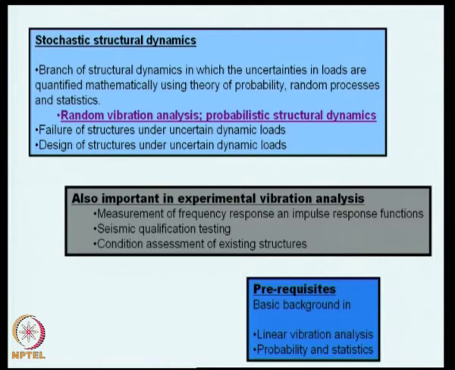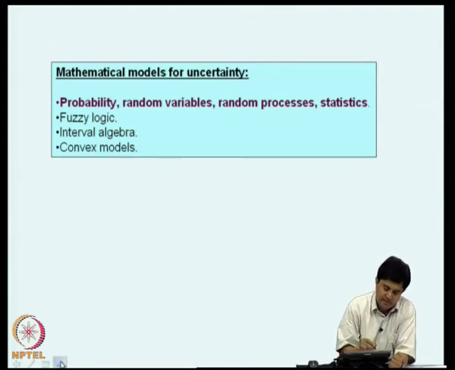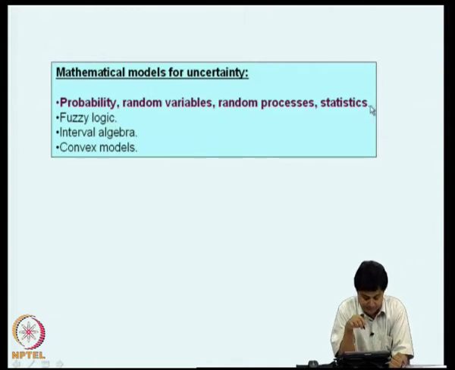So, with this preamble, let us start now with questions on mathematical models for uncertainty. There are various tools for this. One tool is drawn from the basket of probability, random variables, random processes and statistics.